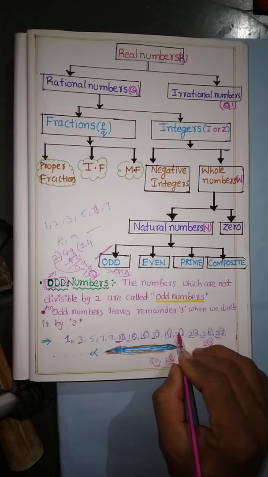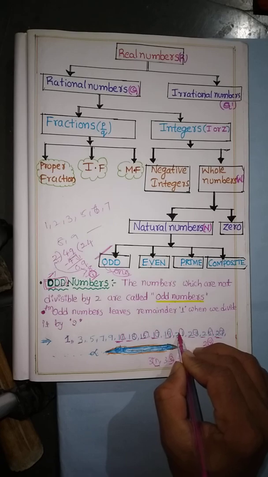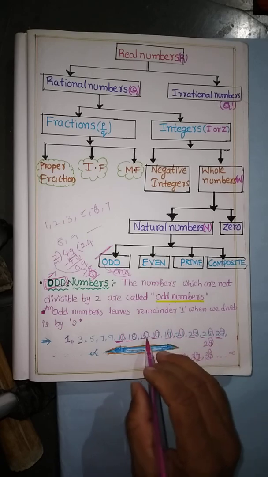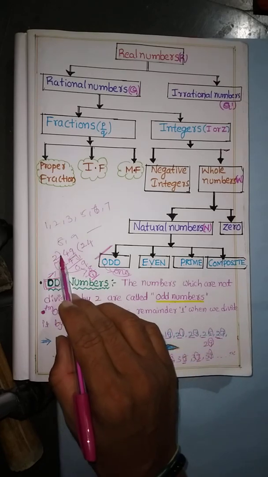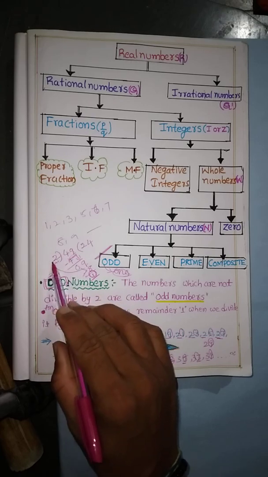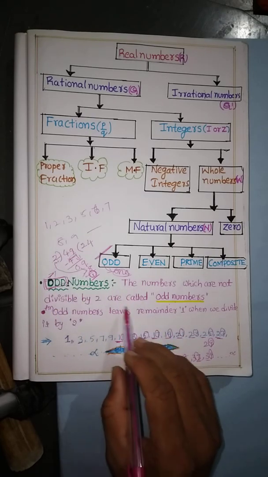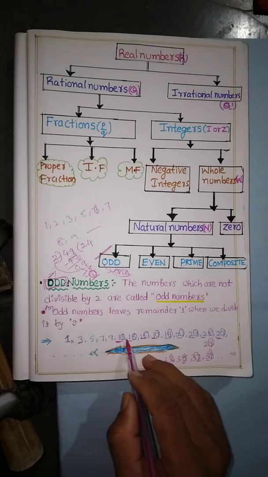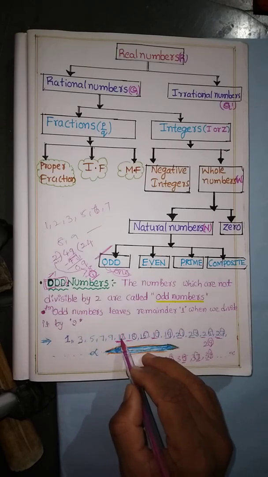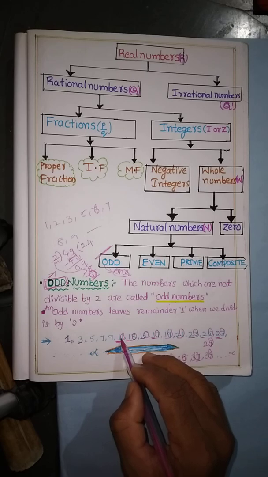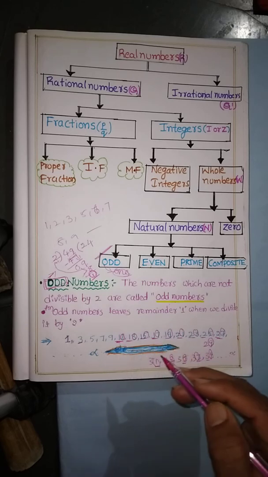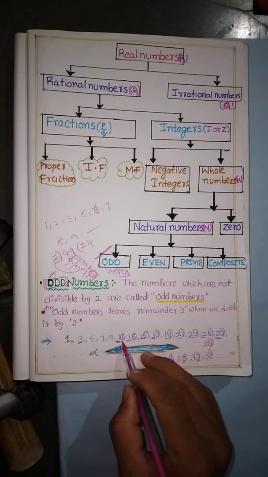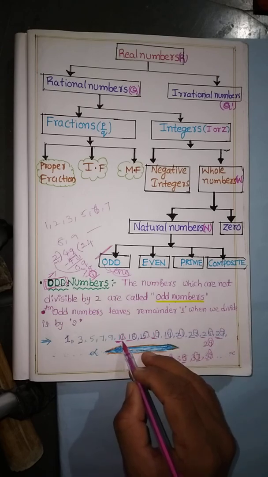So there is a simple way for remembering odd numbers. There is no need to divide a number by 2. This is the definition, but don't go through the definition. Just observe its ones place value. Whether the number is a 2-digit, 3-digit or 4-digit number, whatever it may be, you just have to observe its ones place value.